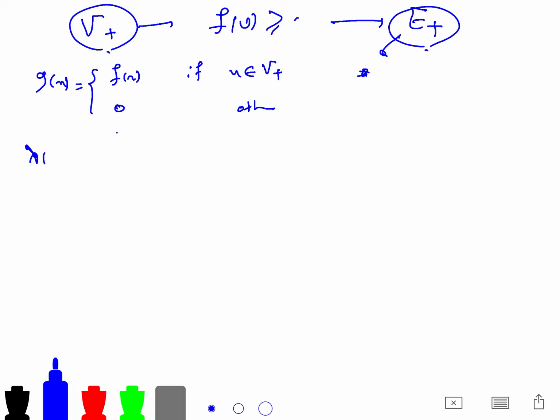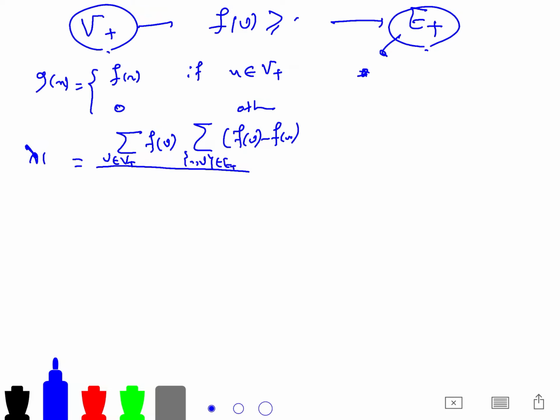Lambda 1, by definition, is the sum over edges in E plus of (g of v minus g of u) squared, divided by the sum of g squared of v d of v over v in V plus.